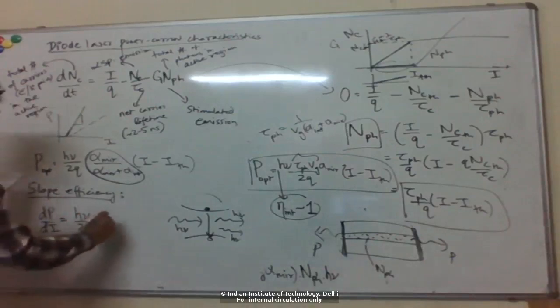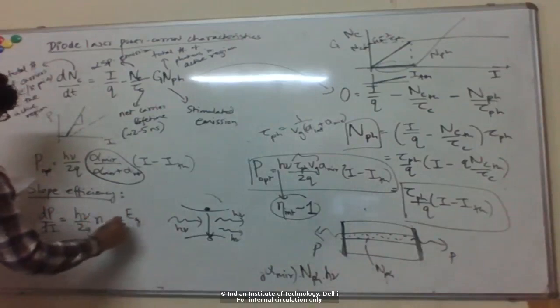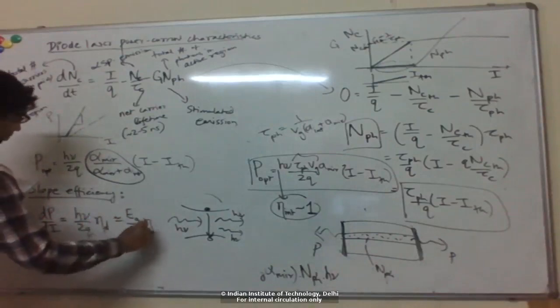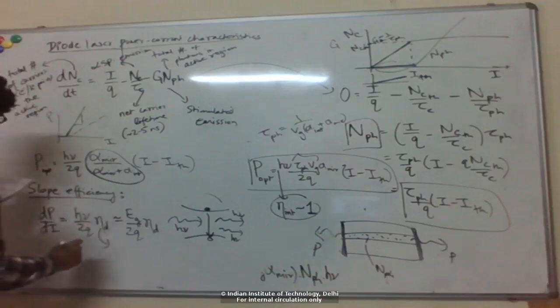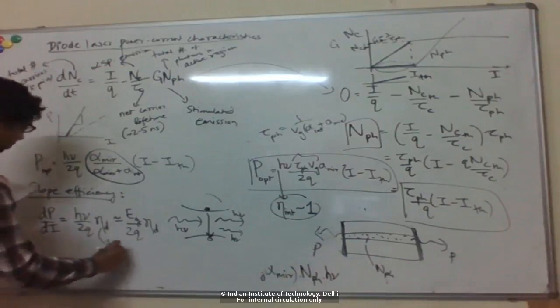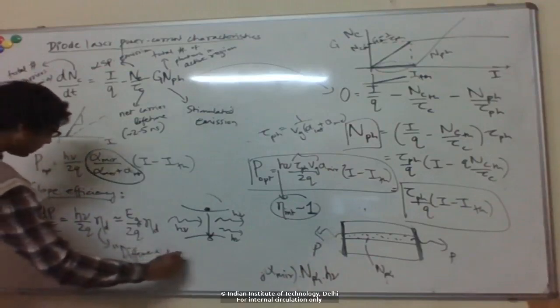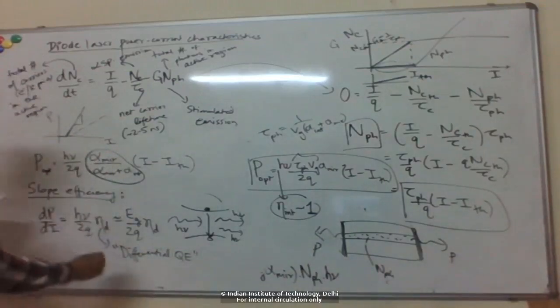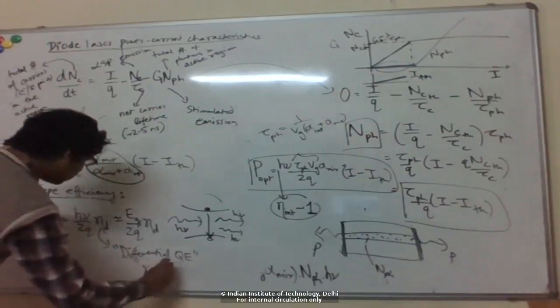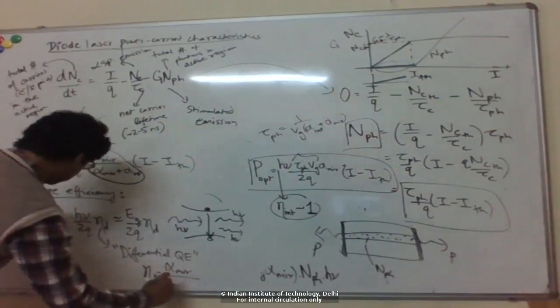Here h nu is just the band gap. This eta d is known as the slope efficiency, or sometimes a differential quantum efficiency, and it is just this ratio of the mirror loss to the total loss.